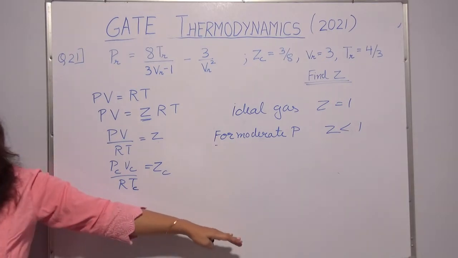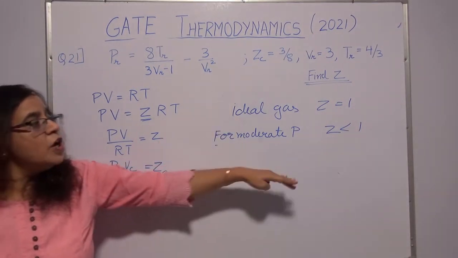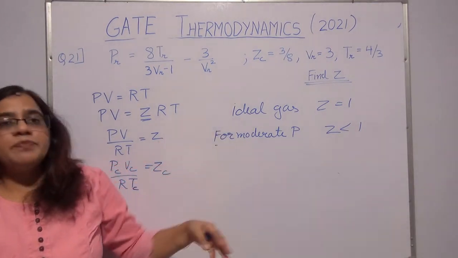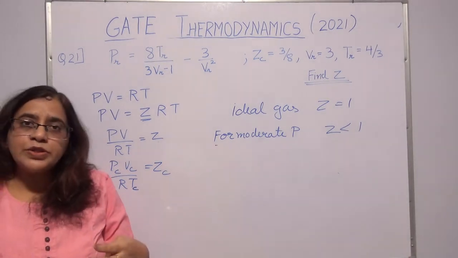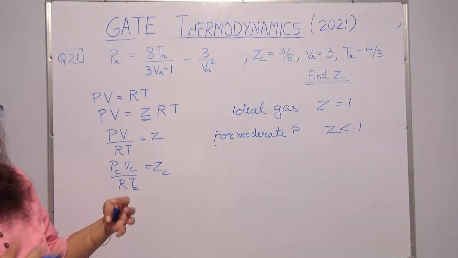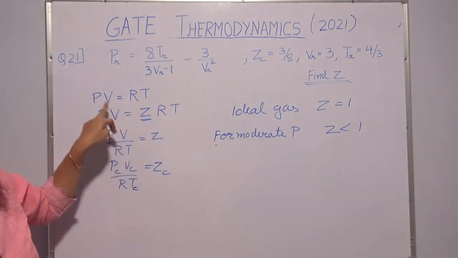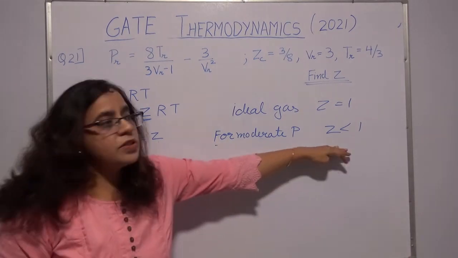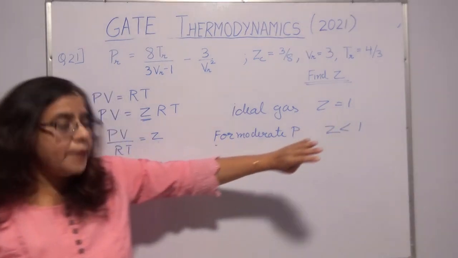That is what we got in this question. Why does it happen? Because when the pressure is increased, the molecules come close to each other and experience some intermolecular forces, and then the volume decreases. So that's why Z comes out to be less than 1.